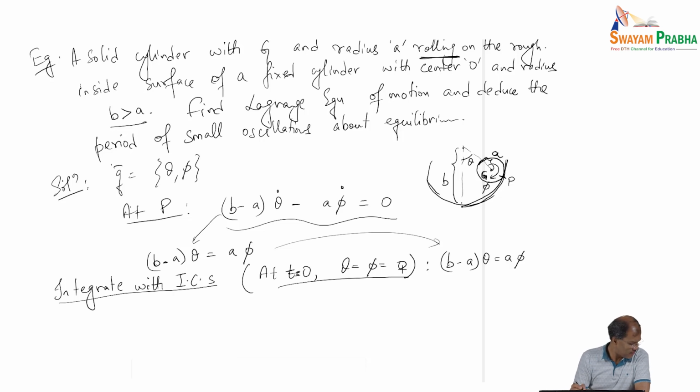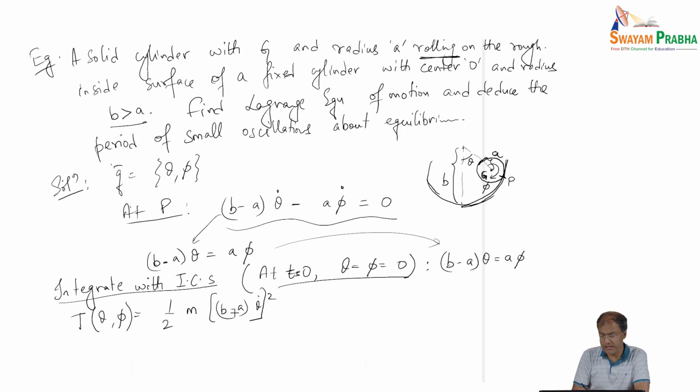Now let us write down the kinetic energy of the system. The kinetic energy T of theta and phi for the smaller cylinder will be half m times B minus A times theta dot, squared.